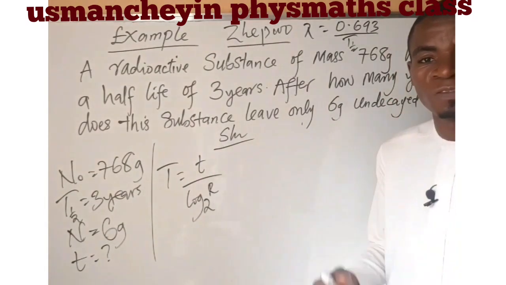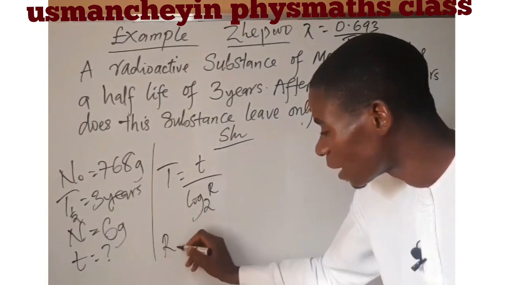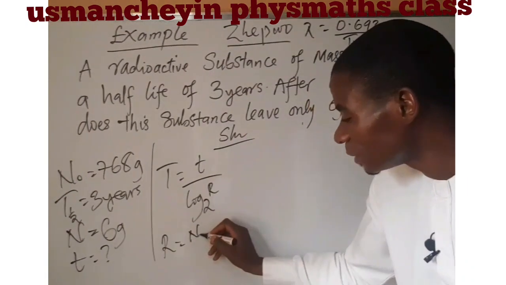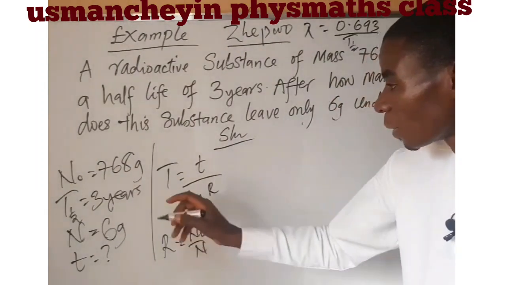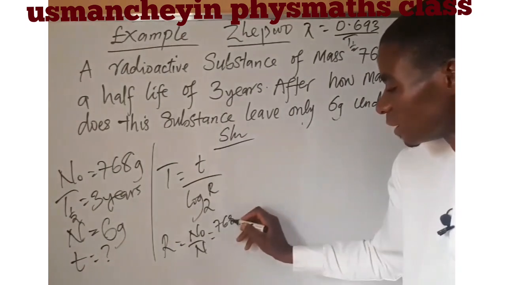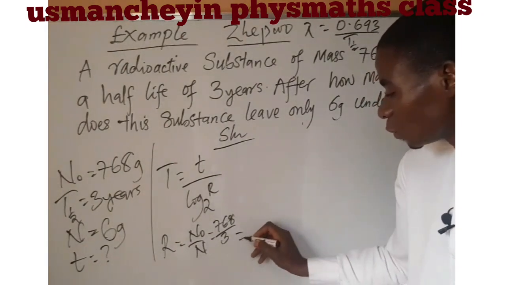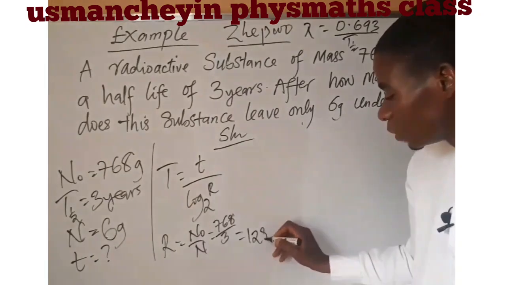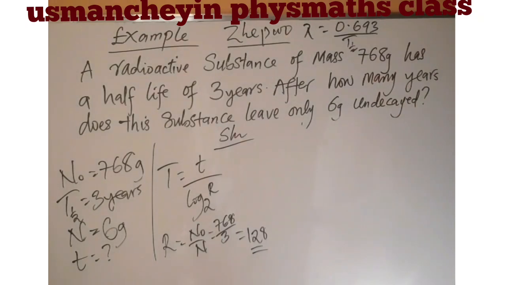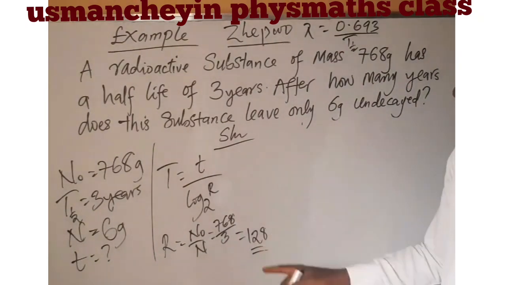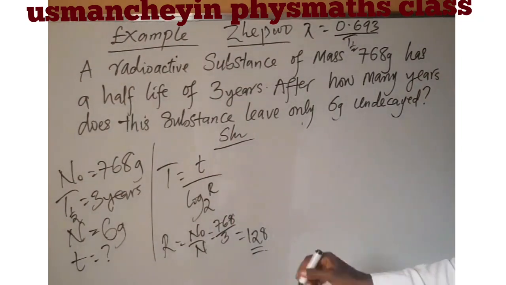The disintegrating ratio r is given by N naught over N, which is 768 over 6. This gives us 128. We'll substitute it into this equation.